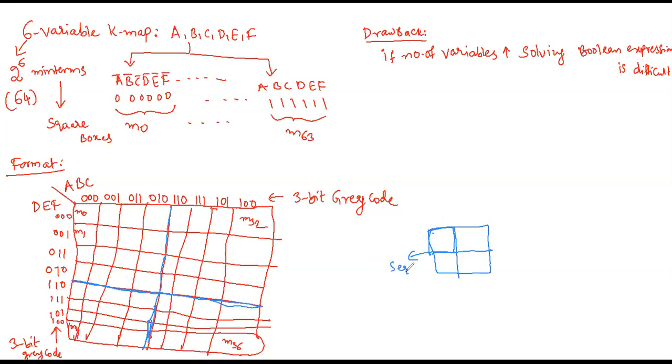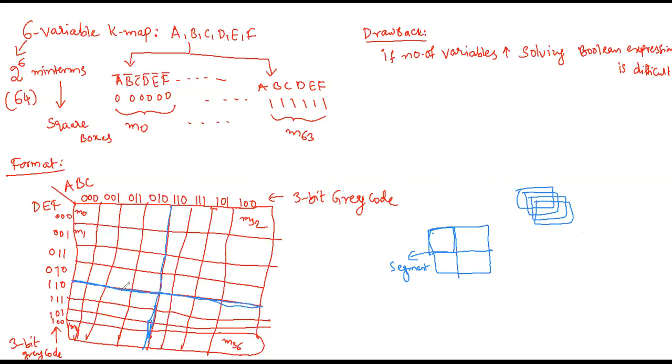Each segment will be overlapped on each other. 4 segments will be overlapped on each other like this, and whatever square boxes are overlapping, those are adjacent in the 6 variable K-map.